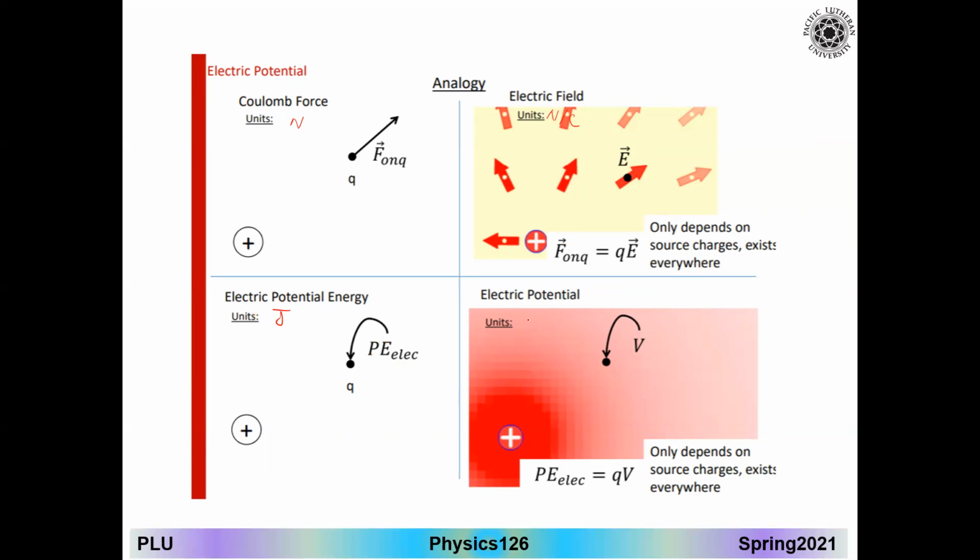The electric potential is similar to the electric field, and it has properties depending on the charge. It is very high close to the charge and gets weaker and weaker the farther from the charge. As a unit, we call it volt, which comes from joule divided by coulomb. That's the connection between chapter 20 and chapter 21.